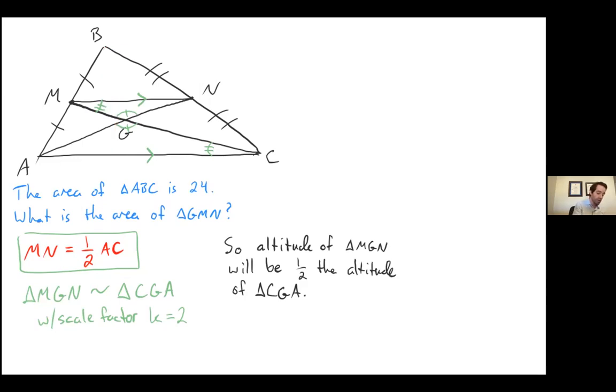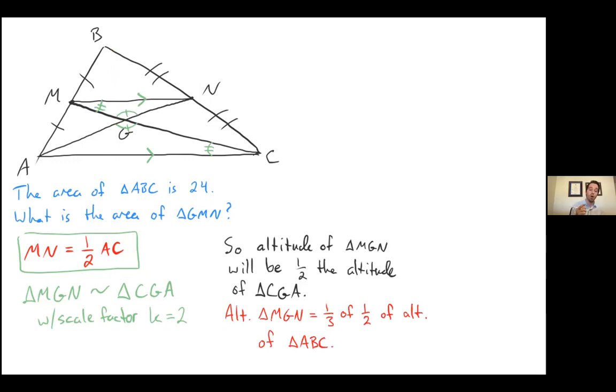So what that means is that the altitude of triangle MGN will be 1/3 of 1/2 of the altitude of triangle ABC. Believe it or not, this is enough by itself to solve the problem, because now we're going to put this together with what we know about the comparison between the bases.